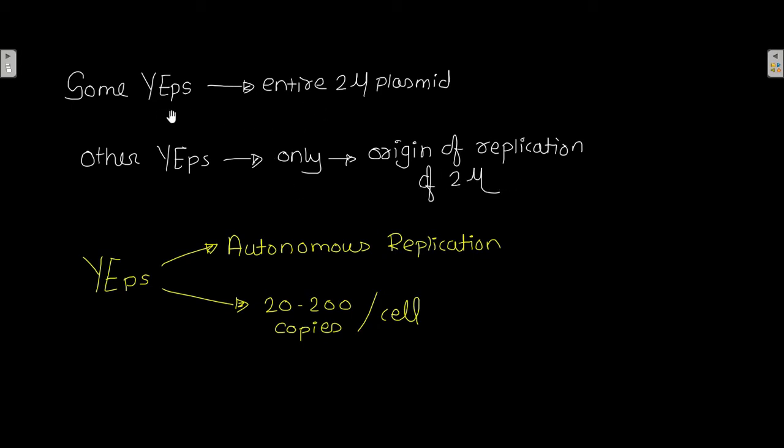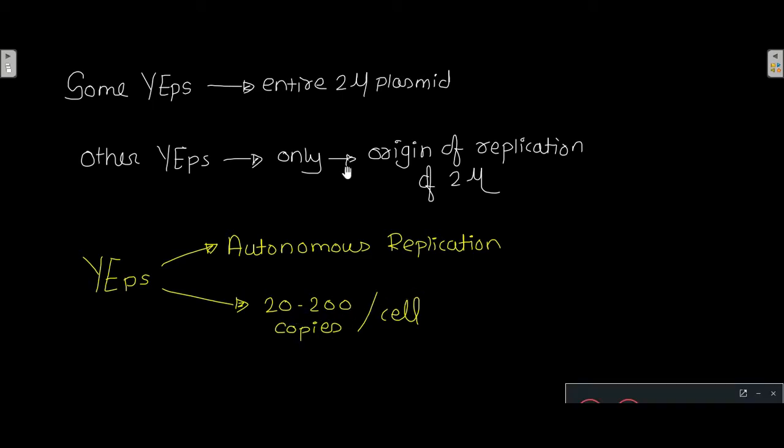Either the YEP will contain the entire 2-mu plasmid, or it will just contain the origin of replication of the 2-mu plasmid. These YEPs show autonomous replication, and their copy number is about 2 to 200 per cell.